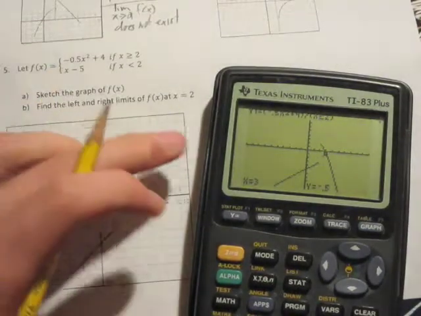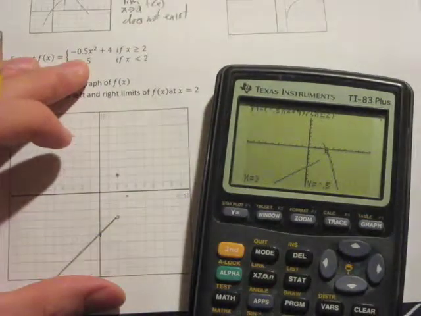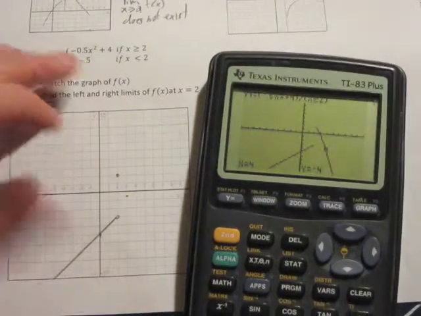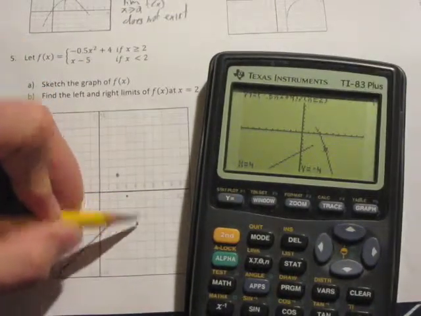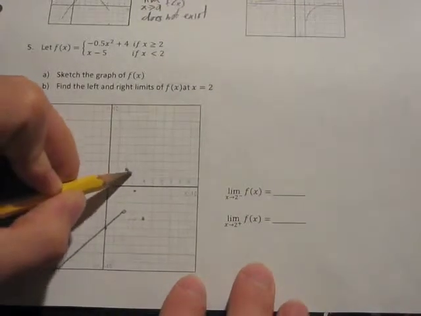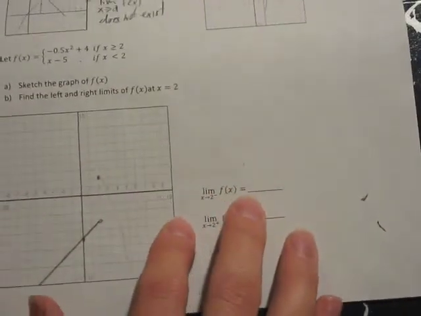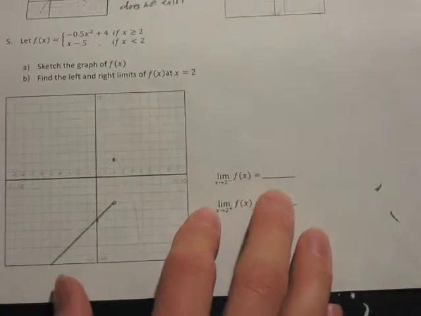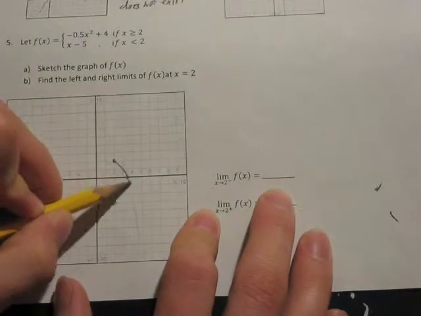And here, if we plug in 4, we get negative 4. So it's going down like that. It's a parabola that goes down here like this. Doesn't have to be fancy.